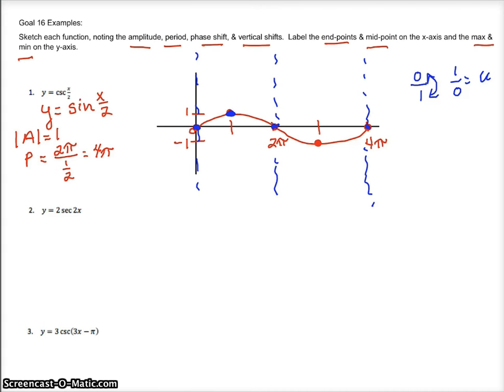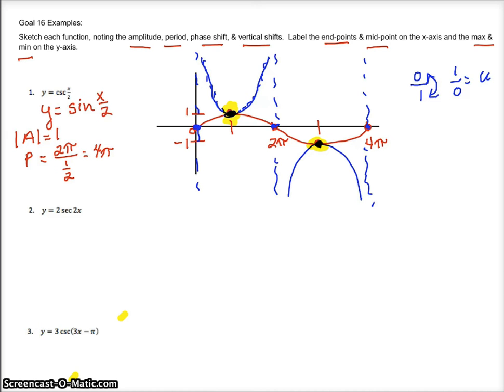And if we reciprocate our other points where sine opens down, cosecant will open up, and where sine opens up, cosecant will open down. Remember, as you learned in the previous screencast, that the maximum of sine is the relative minimum of cosecant, and the relative minimum of sine is the relative max of cosecant.